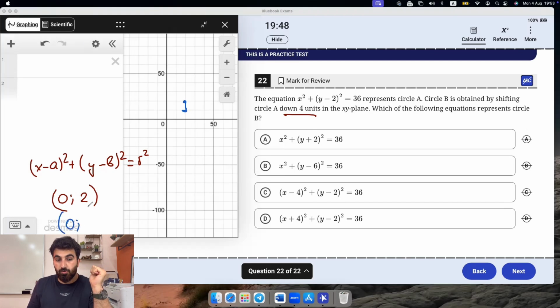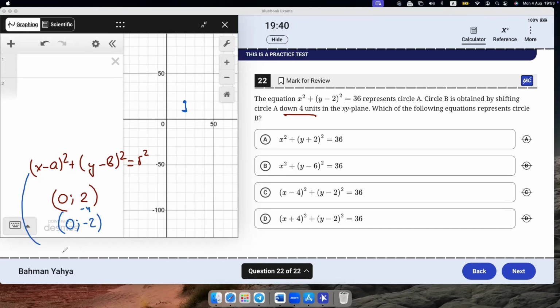So it will be 0, and 2 minus 4, that will be -2. So if I have an equation with the center 0 and -2, let's use the formula: x minus 0 squared plus y minus negative 2 squared is equal to radius squared. So it's x squared, the answer is not C or D, y plus 2 squared. So the answer will be A.